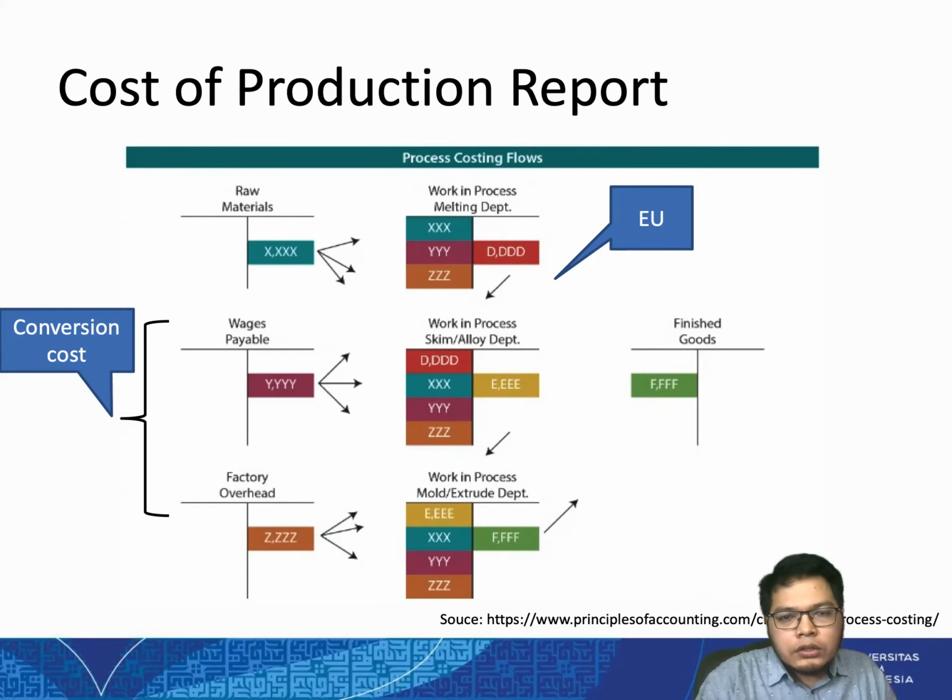And in the work in process, there are several departments: melting department, skim alloy department, molding department, and at the end it will produce the finished goods. As you can see here, it is a continuous process. It always flows like this. Because we cannot know the actual composition in this part, here we use equivalent units.